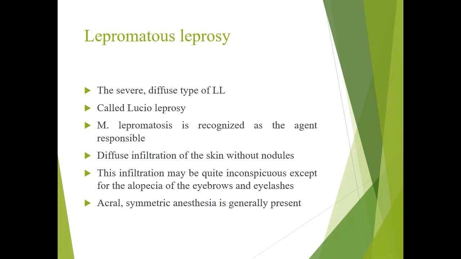It is recognized that the causative agent is Mycobacterium lepromatosis. Diffuse infiltration of the skin is seen without nodule formation. This infiltration may be quite inconspicuous except for alopecia of the eyebrows and eyelashes. Acral symmetric anesthesia is generally present.